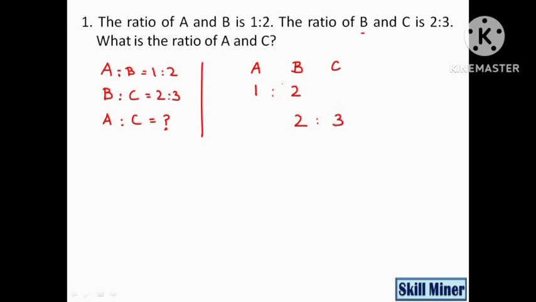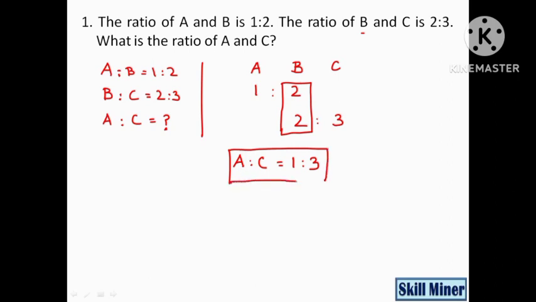Observe guys, since B has a common ratio in both the cases, we can directly write the ratio of A and C as 1 is to 3. This will be our answer.